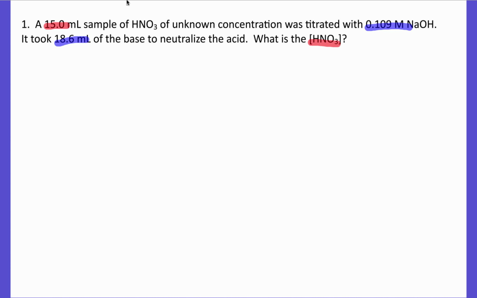So if I take my molarity that I know times the volume for that substance, and I multiply them, that should be equal to the 15.0, because again, it doesn't matter what order you do it in, times the concentration that's unknown.